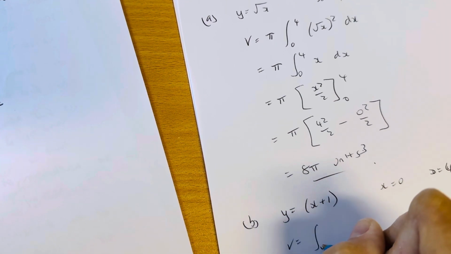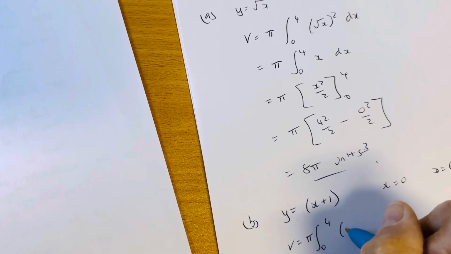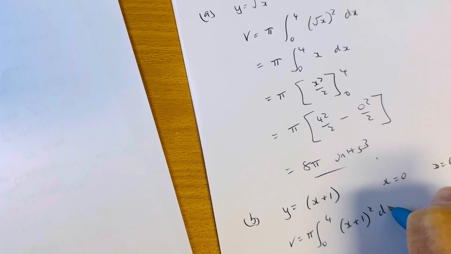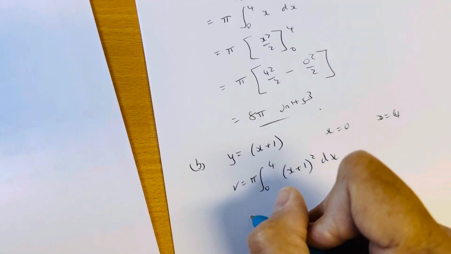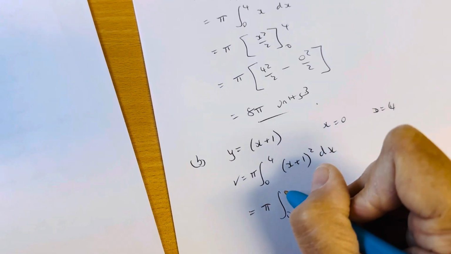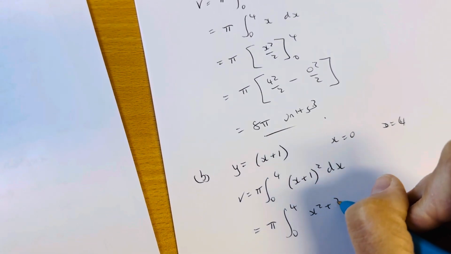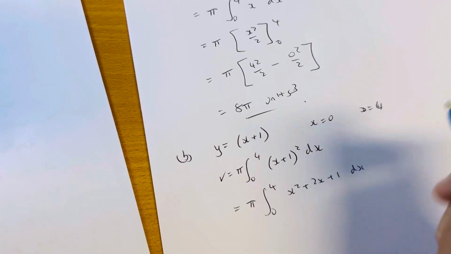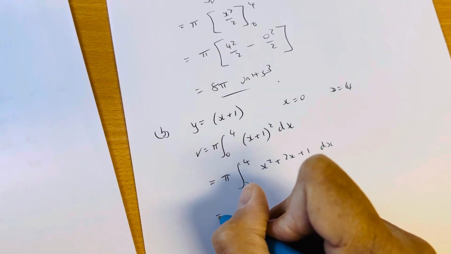So the volume is pi, from 0 to 4, of (x plus 1) squared dx. If we were doing this tech-free, I've got to integrate this. I'm just going to expand it because it's just easy. Feeling a bit lazy today. Expand that out.